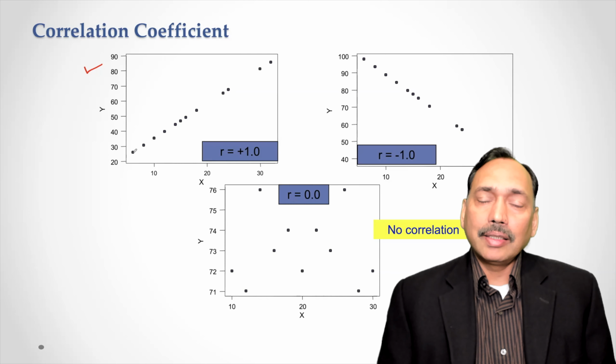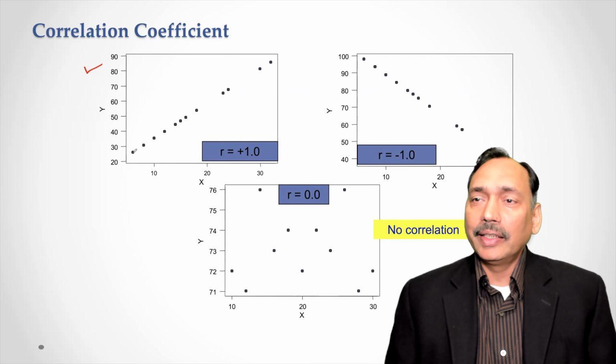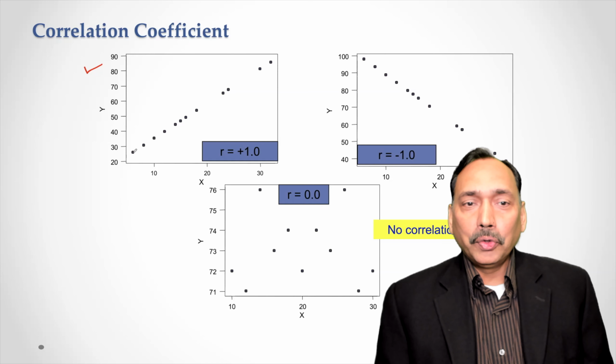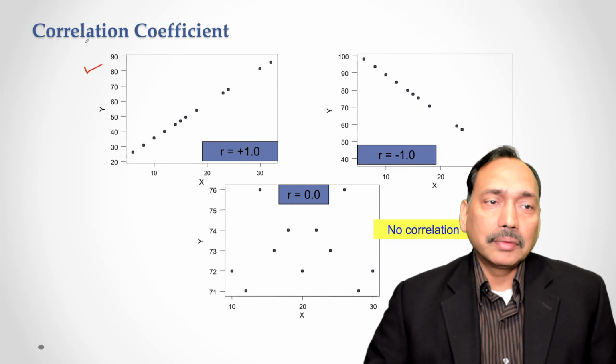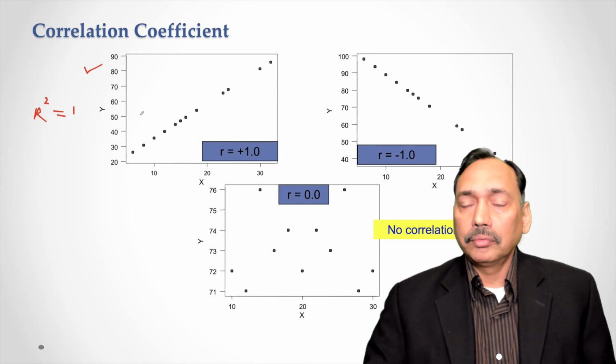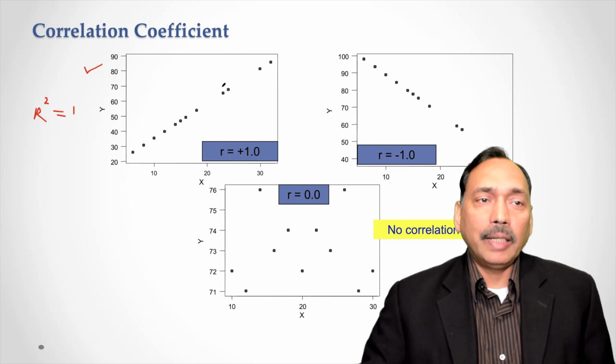So that means all the variability in the response variable y is being explained by the straight line model. So if you calculate R square, you'll find that it is 1 or 100%. So 100% of the variability is being explained by this first one.